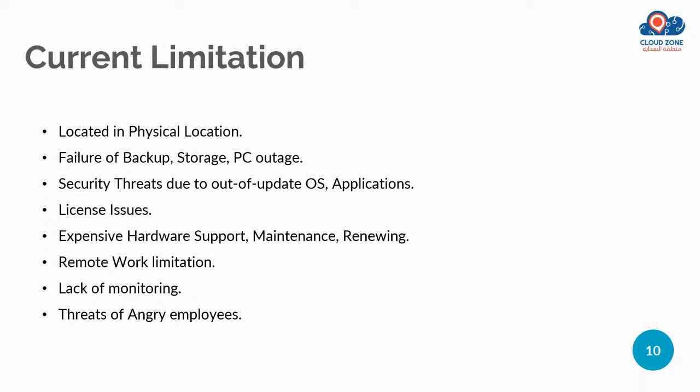Also, there is a case that usually happens from threats of an angry employee. If a certain employee left the company, how would you control your data over their PCs? So you need additional software just to control your data over that PC.